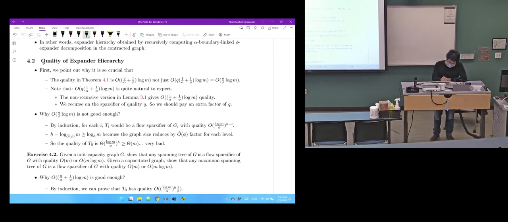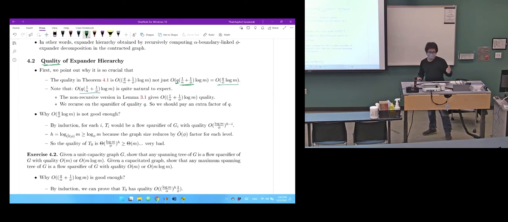So I claim that this is going to be a good sparsifier. But let's analyze the quality of it really. Now is the time to point out why exactly it is crucial that you get this Q over alpha and not just Q times this thing, which is Q over phi. Getting something like this is quite a natural thing to expect.